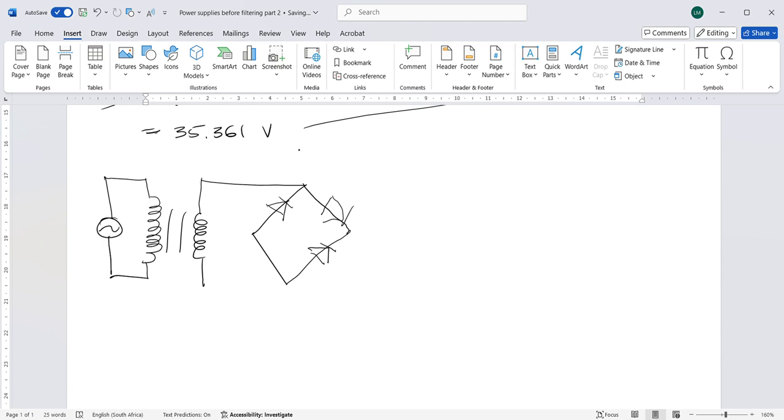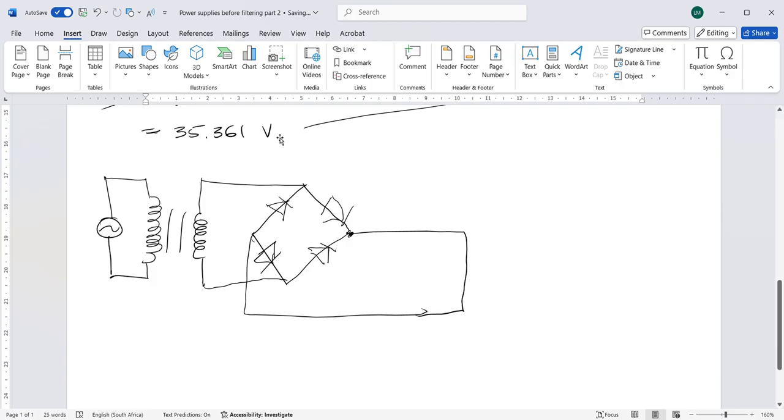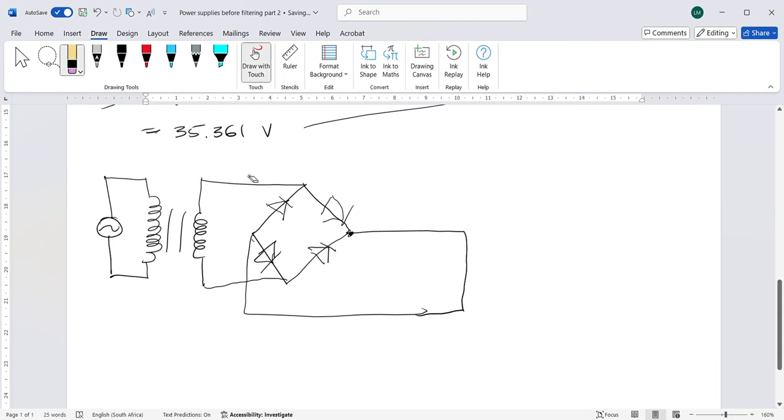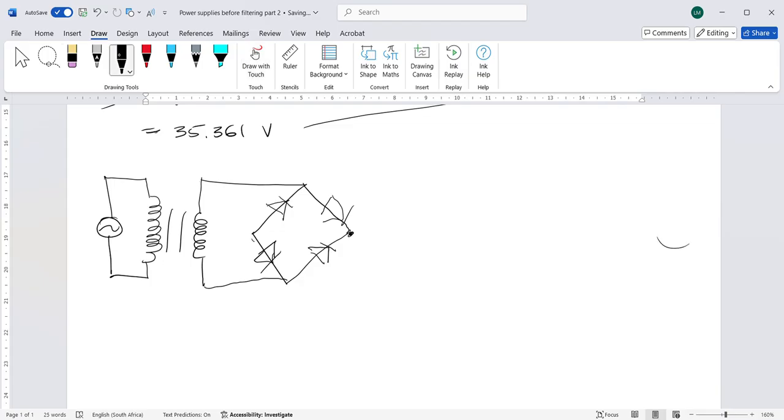Yo, this is a bad drawing, but I'm trying.